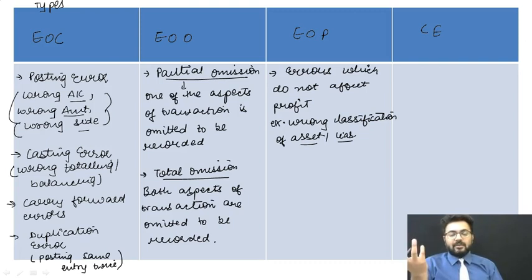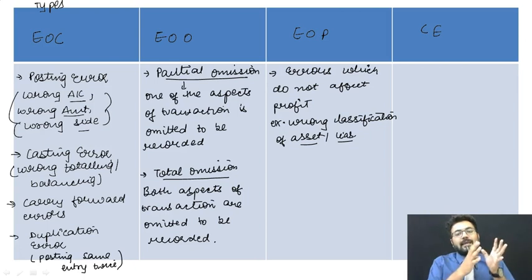Let me give you an example: there are some long-term liabilities and short-term liabilities. The long-term liability has been classified into short-term liability, and the short-term liability we have written into long-term liability. So there is just a change of classification.